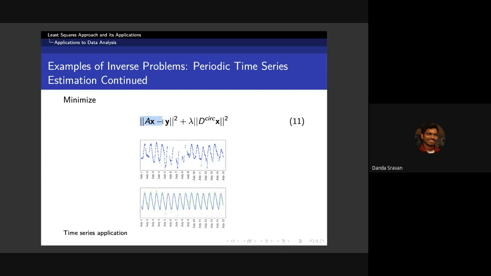The first term is the model norm minimization. The second is, I want to ensure that my neighboring sales are as close as possible. I mean, not very close, but they should be smooth.